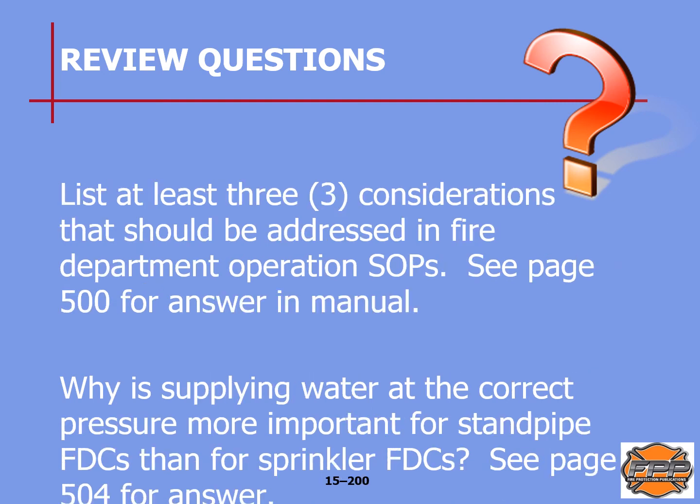Next question, list at least 3 considerations that should be addressed in fire department operation SOPs. That will be on page 500 in your manual for the answer. And next question, why is supplying water at the correct pressure more important for standpipe fire department connections than for sprinkler fire department connections? That will be on page 504 for answer.